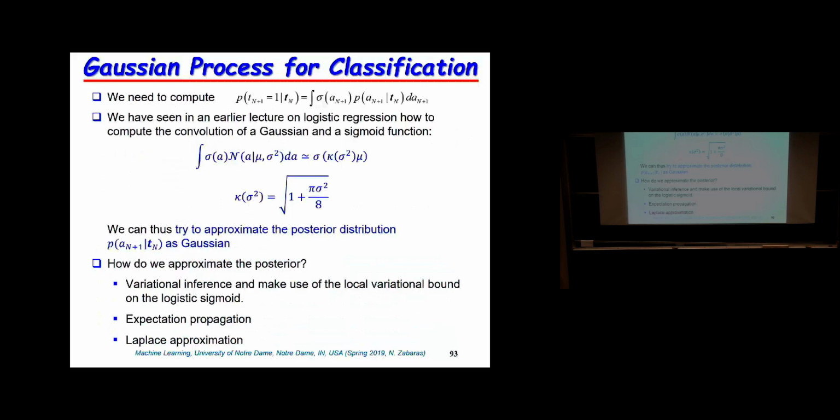The answer is yes. There is a nearly exact formula. It's an approximation, but it's very good. If you integrate the sigmoid with a Gaussian, you can write this directly as the sigmoid evaluated for k given by this nice formula. So the idea is to be able to finish the result and come up with a nice approximation of this.